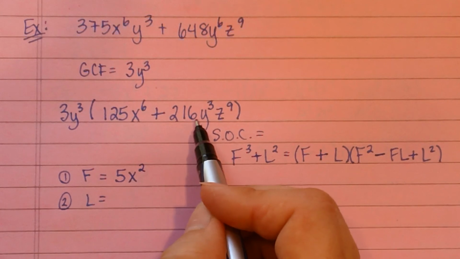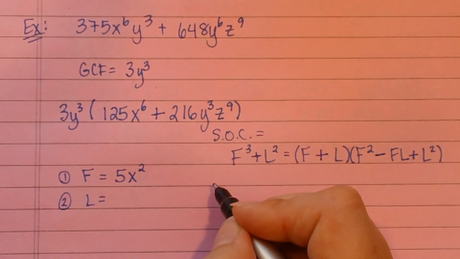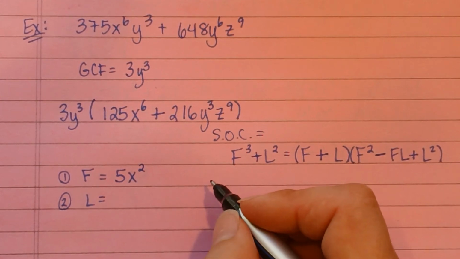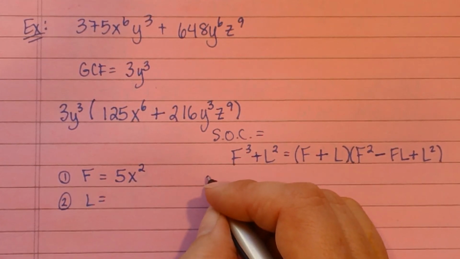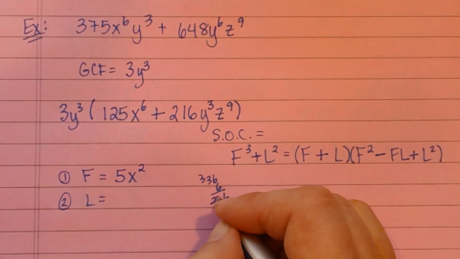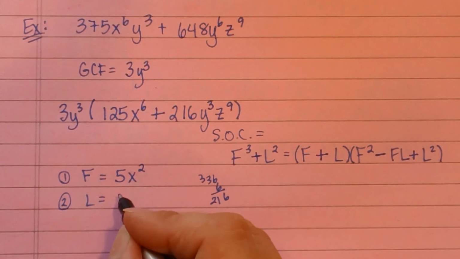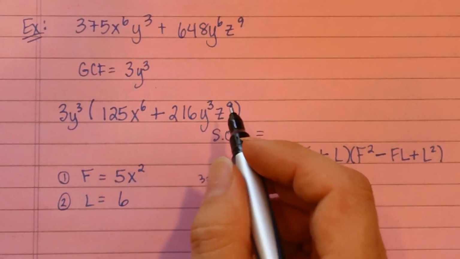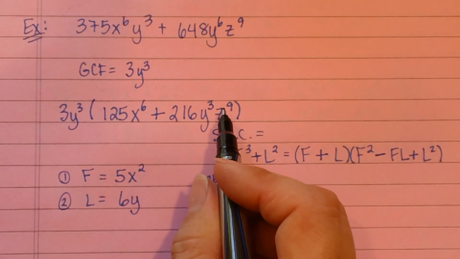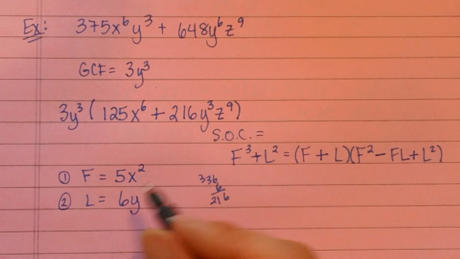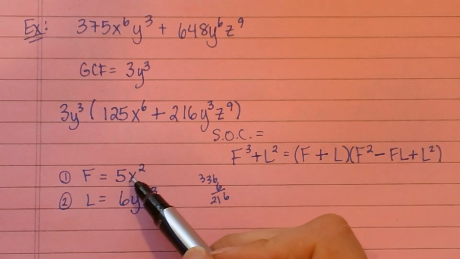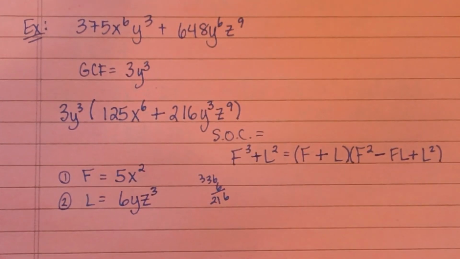And in the second term, let's see, 4 times 4 is 16. 16 times 4 is 64, so it's not 4. Let's try 6. 6 times 6 is 36, and 36 times 6 is 216. So it's 6. And then y times y times y is y cubed, so 6y. And then for the z's, I need 3 sets of z cubed, so z cubed, z cubed, z cubed gives me z to the 9. So that's my L term.